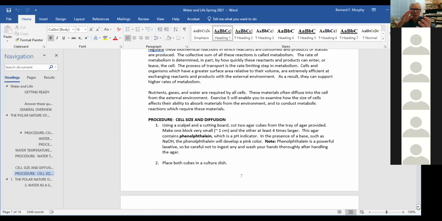So the entire surface area is 6s squared. But how do you measure volume? Volume is the height, the length, and the depth. So S times S times S, S cubed.